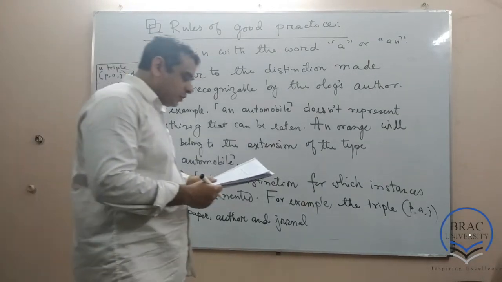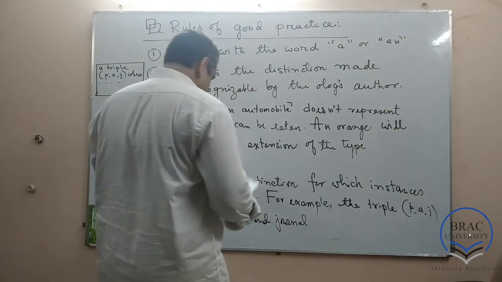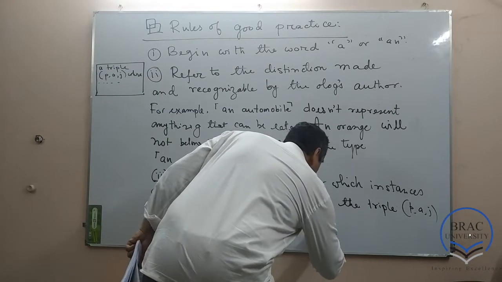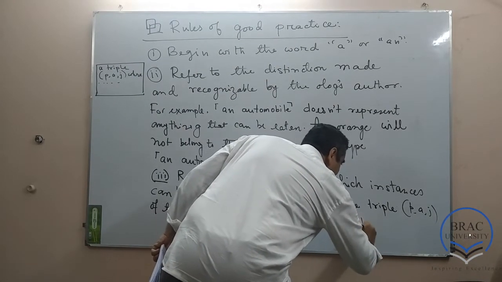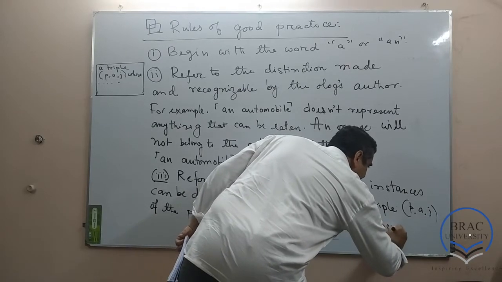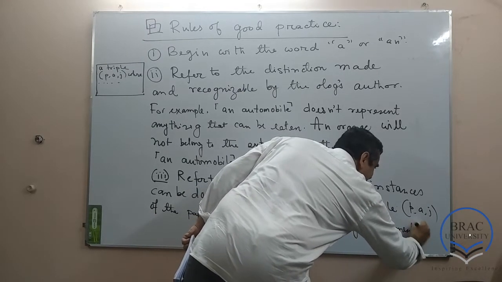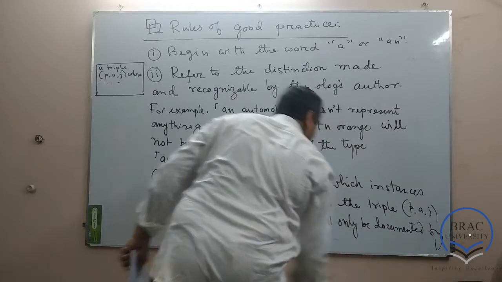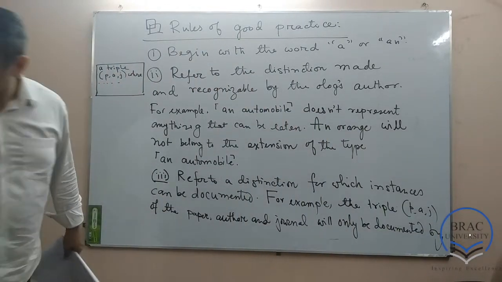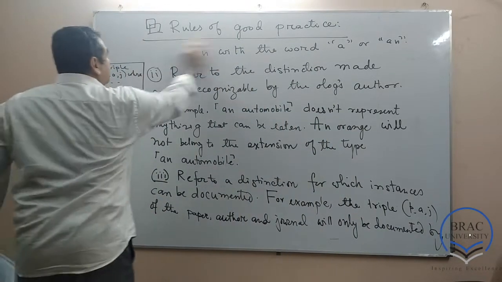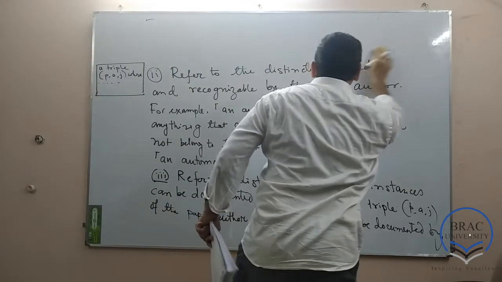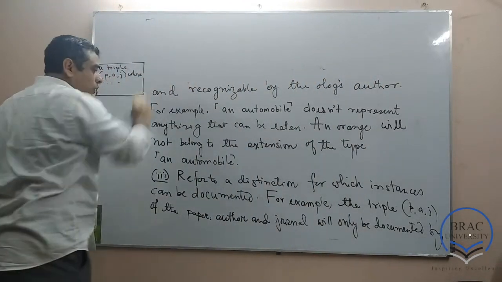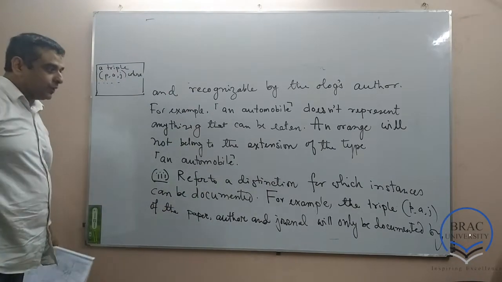Considering the triple PAJ that refers to the paper, author, and journal, will only be documented by the author. Here, this author means the creator of the Olog, not to be confused with this author.